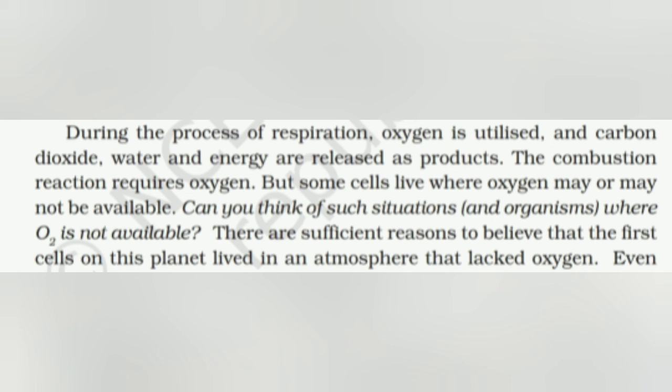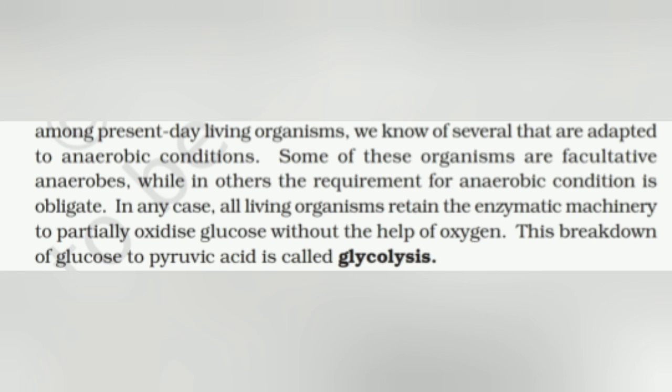The combustion reaction requires oxygen, but some cells live where oxygen may or may not be available. Can you think of such situations where oxygen is not available? There are sufficient reasons to believe that the first cell on this planet lived in an atmosphere that lacked oxygen. Even among present-day living organisms, we know several that are adapted to anaerobic conditions.